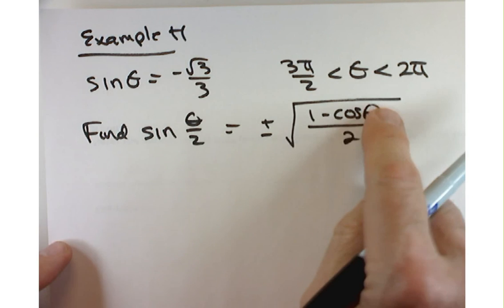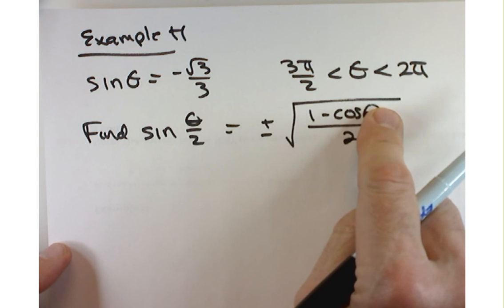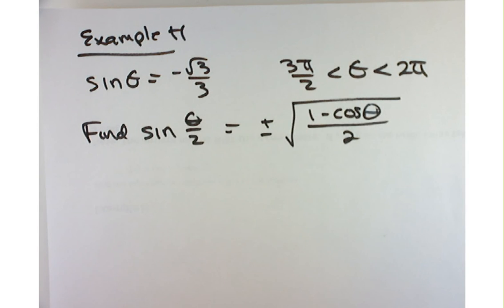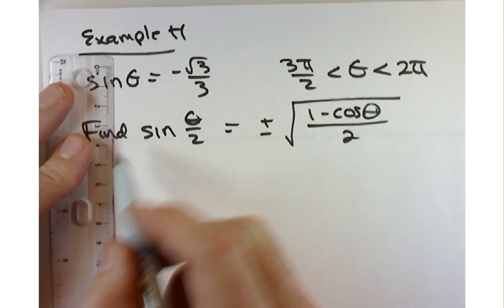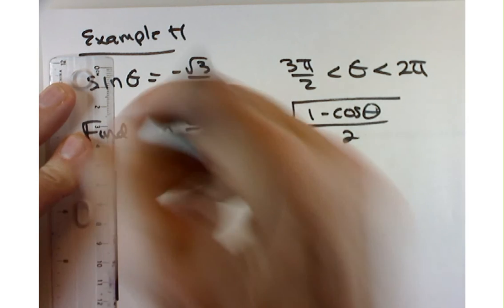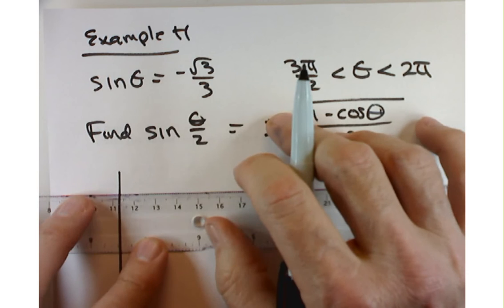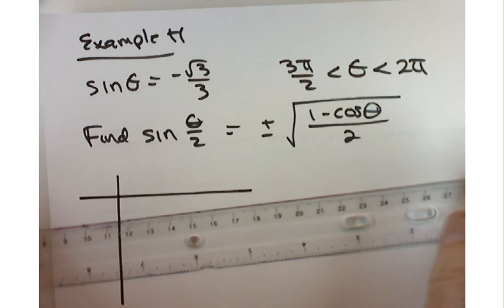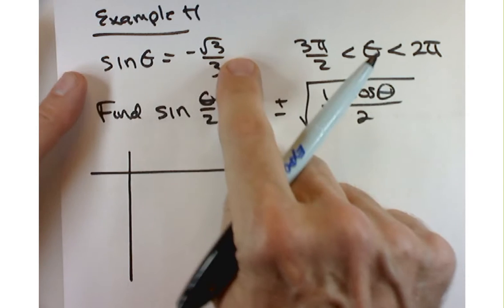Well, I need to figure out what cosine of theta is. And at least it tells me that I'm in the fourth quadrant, so I can draw this. Let's practice drawing a triangle here. So I'll just draw something in the fourth quadrant. I'm not going to take too much care to draw it to scale because most of us aren't terribly familiar with the square root of 3.